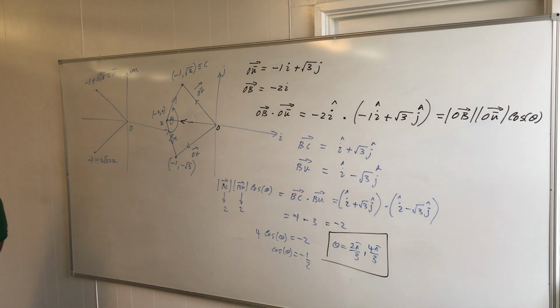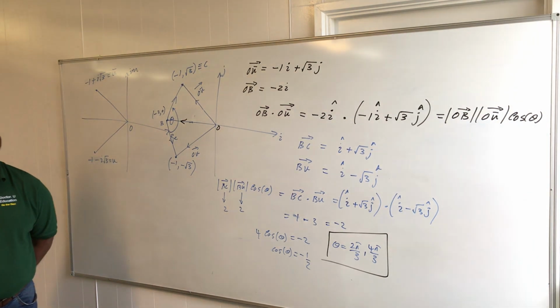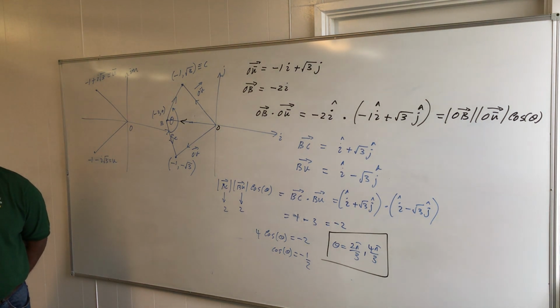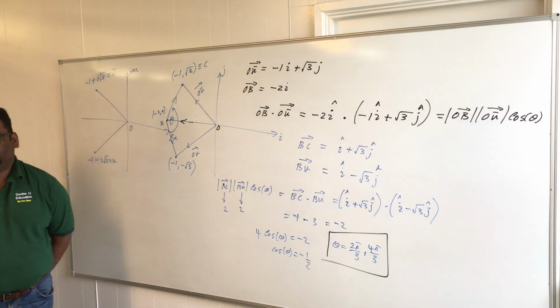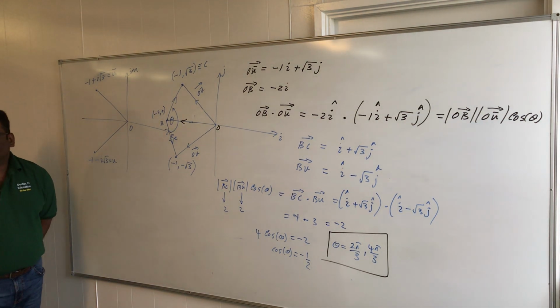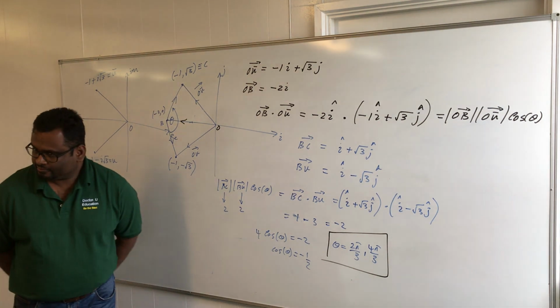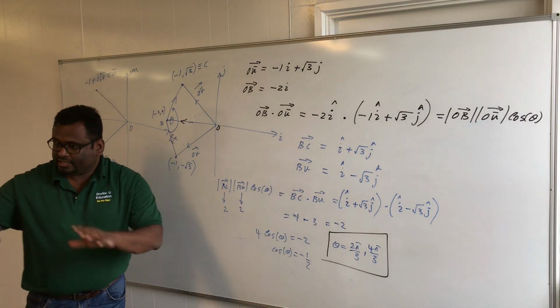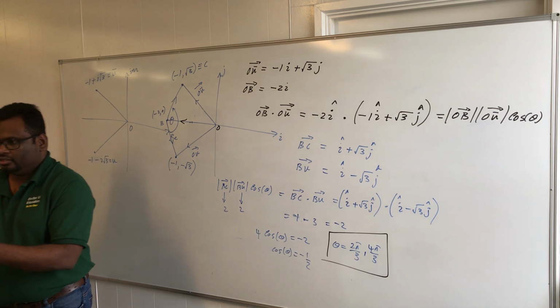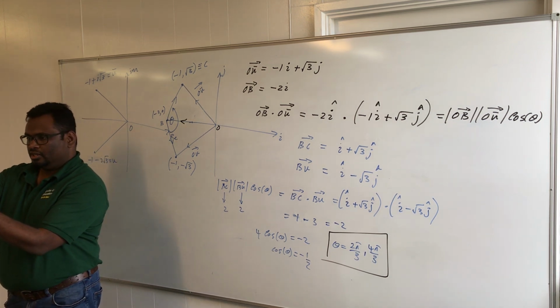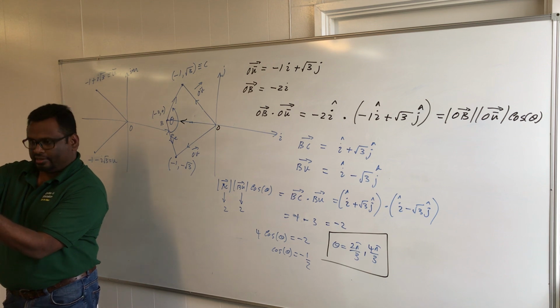Because 2 prime 3 is the inside angle, and 4 prime 3 is the outside. Because what is the dot product? You are projecting one vector onto the other.